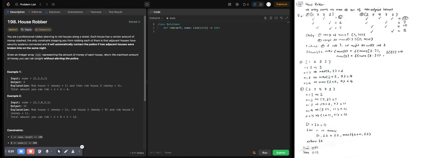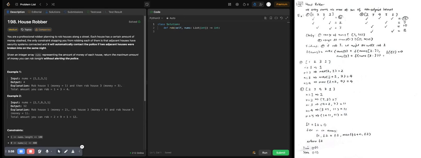I'd just like to clarify a few things. So let's write down the clarify step. Question 1. What is the range of nums? Can I make sure that there is at least one house?